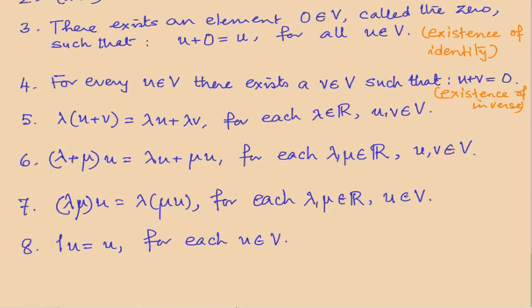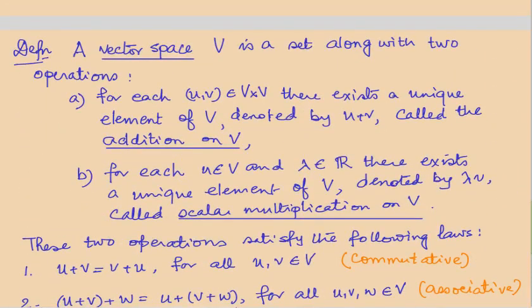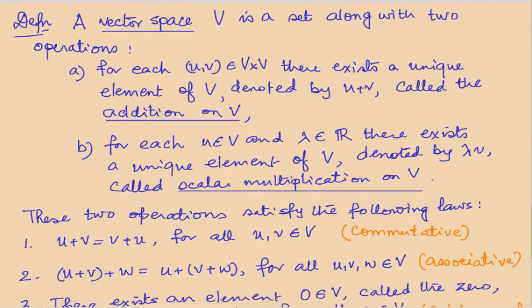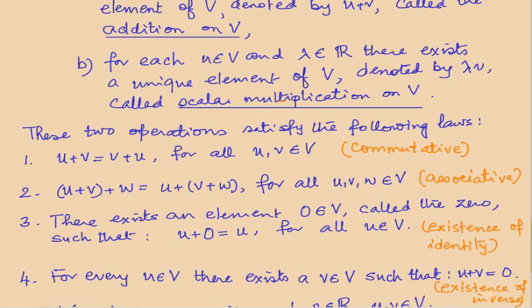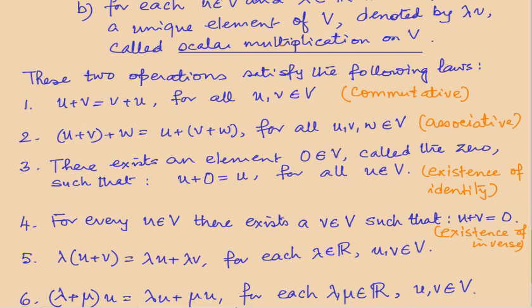In the last lecture, we saw the definition of a vector space. Let us review it once more. It's a set along with two operations. For each pair of vectors, there exists a sum. For each vector and a scalar, there exists a scalar multiple. And the sum is commutative, associative.